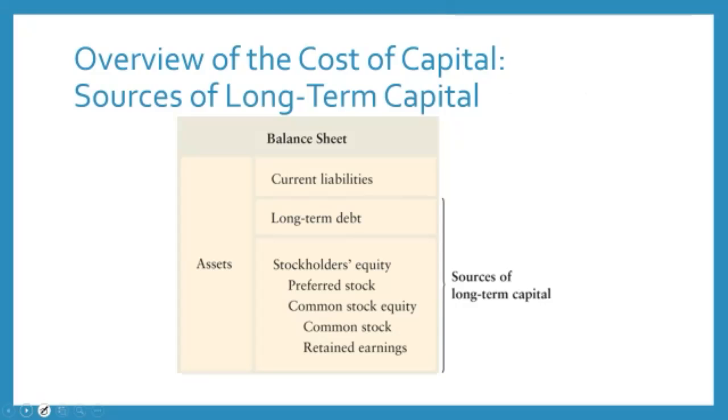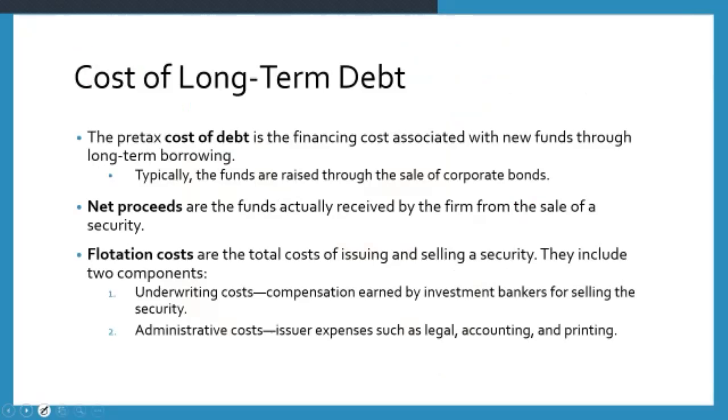So its long-term liabilities, which would be its debts or bonds, notes, long-term notes payable, and stockholders' equity, which are preferred stock and common stock, right? Common stock equity. Those three items, we use debt and equity to fund capital.